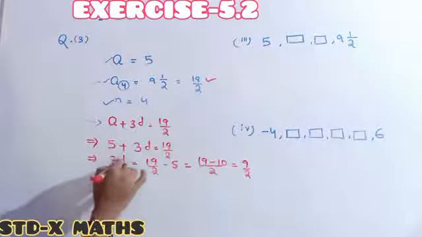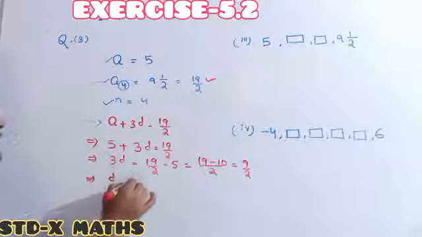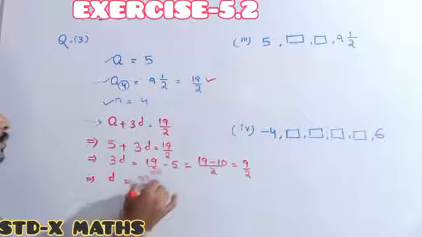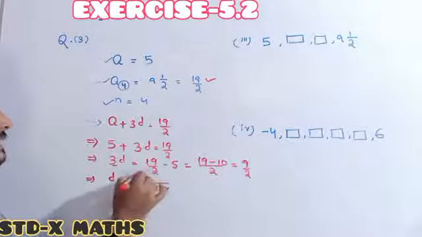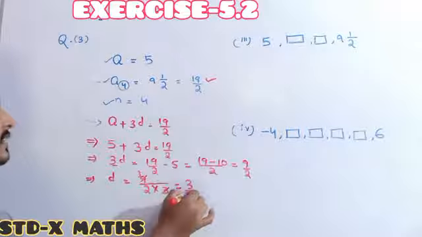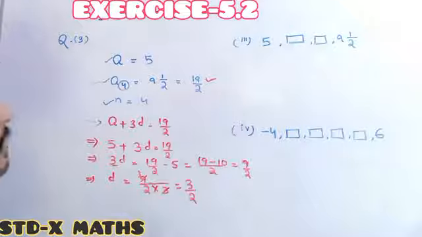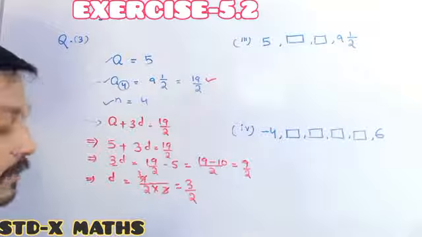It implies 3d is 9 by 2, so d is 9 by 2 divided by 3. Here 3 is multiplied, so it will be divided. 3 cancels, so this becomes 3 by 2. It means I have got that d is 3 by 2.